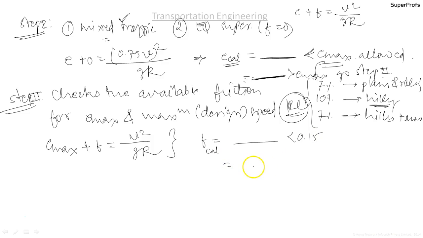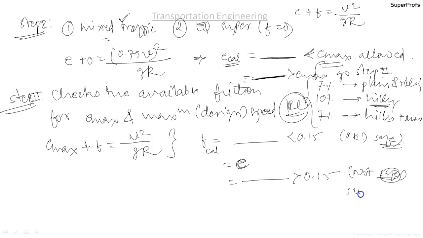If it is less than 0.15, then it is okay, it is safe, and we can provide Emax itself as E. If F calculated value is greater than 0.15, then it is not safe, or better I say the friction is not sufficient for resisting the Emax.